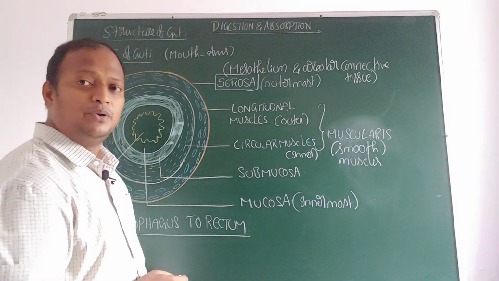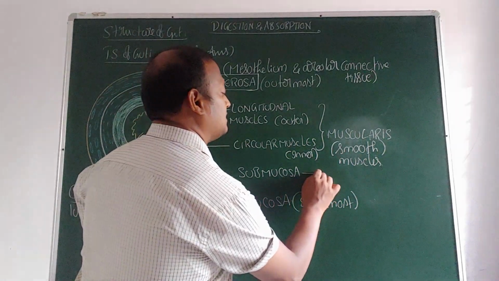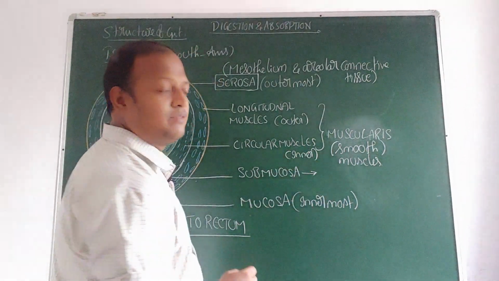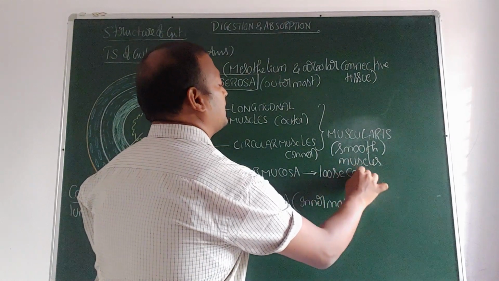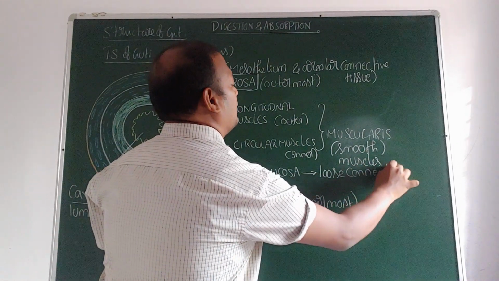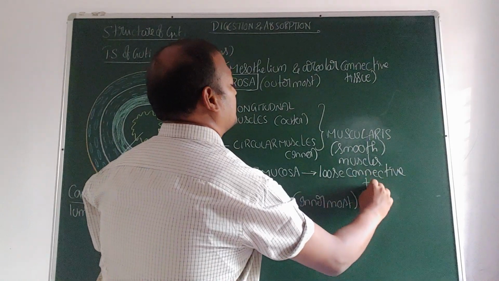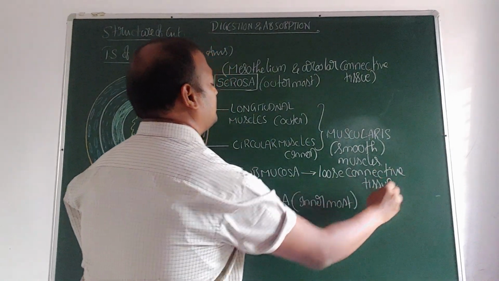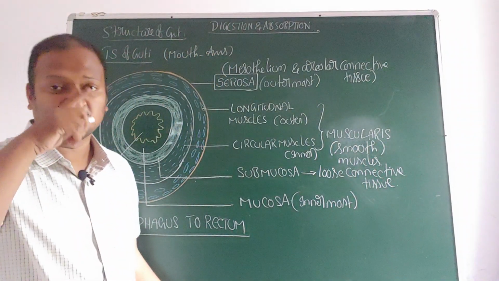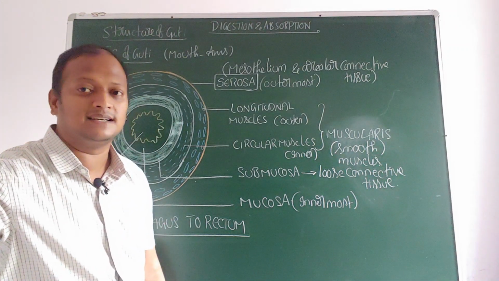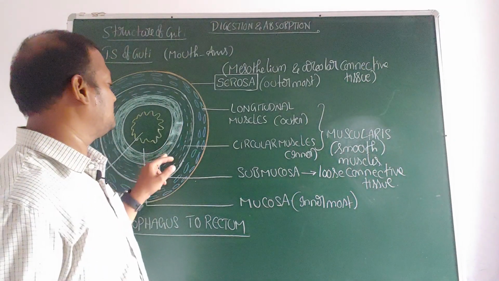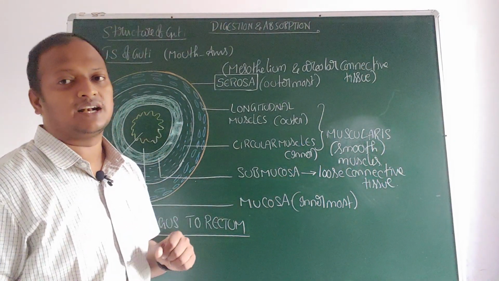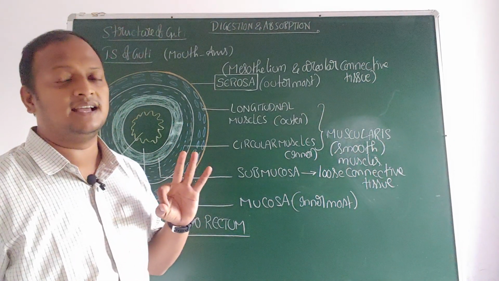The submucosa is made up of loose connective tissue. We already discussed loose connective tissue. So the submucosa is made up of loose connective tissue. Which layer is it? The third layer of the gut.